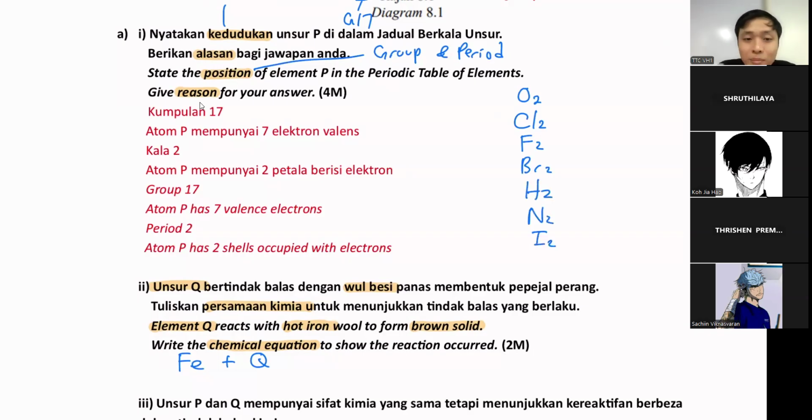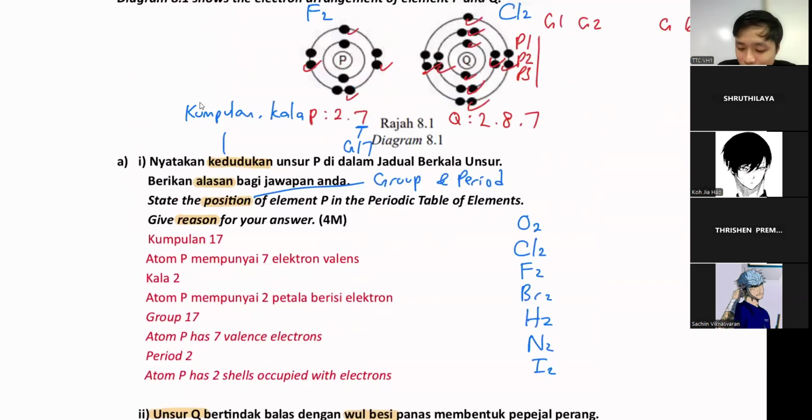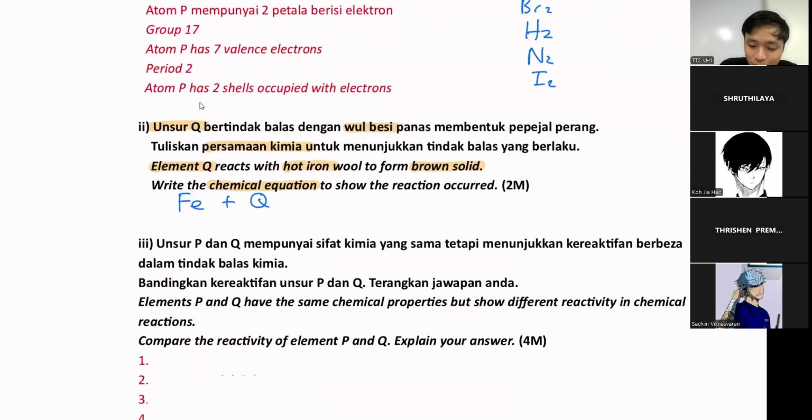You know this. But if the Cl or Br is changed to Q, you might forget. So you have to know which element it is first. You know this is chlorine, so you should write Q2.